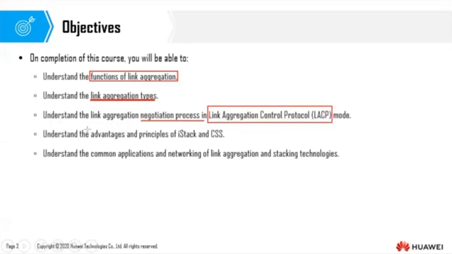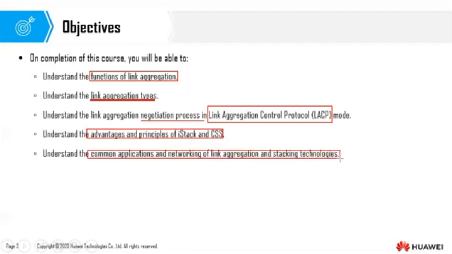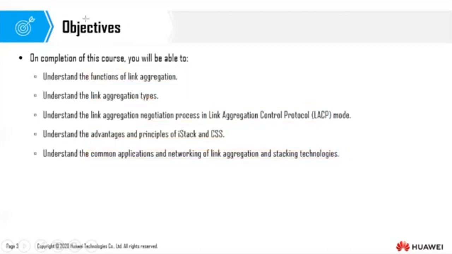The second last is to understand the advantages and principles of iStack and CSS. The last point is to understand the common applications and network of link aggregation and stacking technologies. Wonderful. Okay. So let's do this.